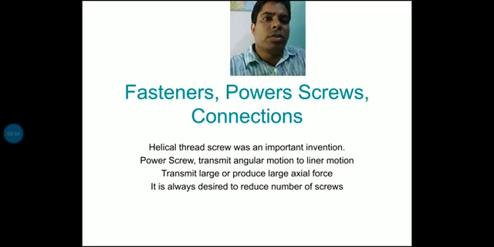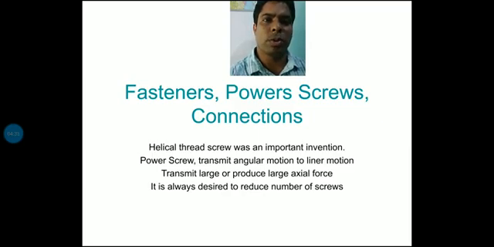It is threaded, and the outside diameter is threaded at different angles. That threaded angle I already mentioned two classes back. So that is the power screw definition. For a helical thread screw, that is important.